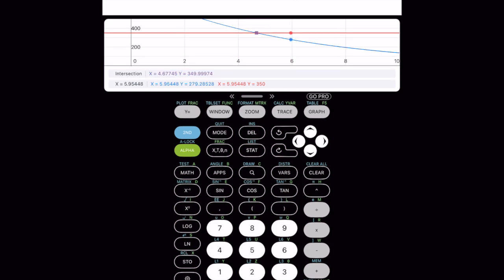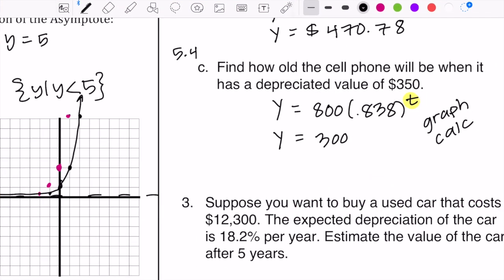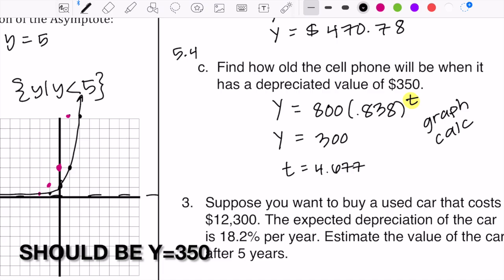Intersection 4.677. It's hard to see on the screen there. So we're going to go to 3 decimal places, so it's going to be 4.677. So t equals 4.677 years old.